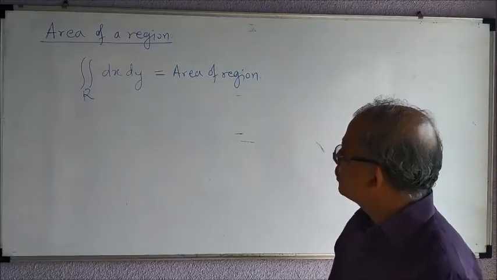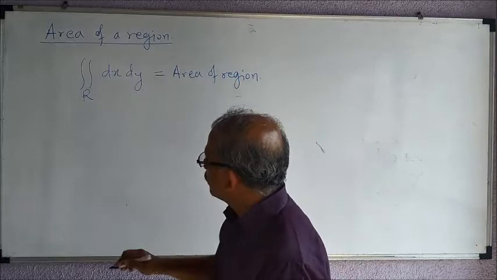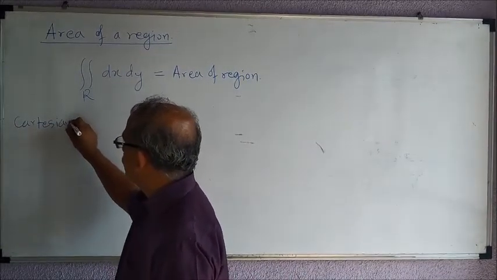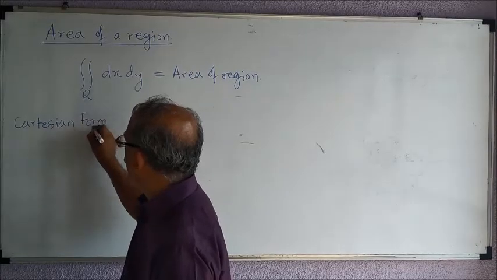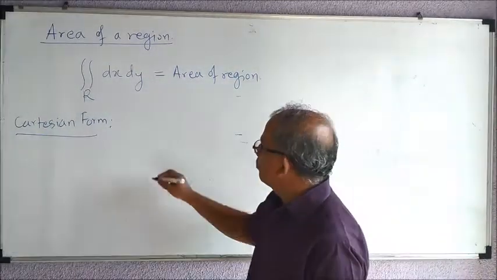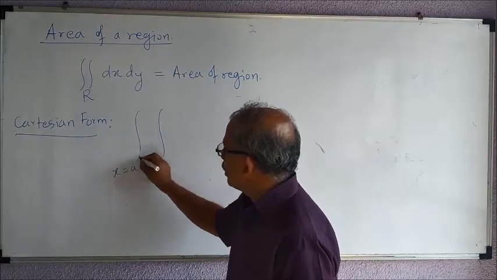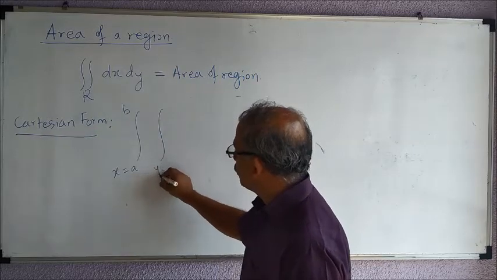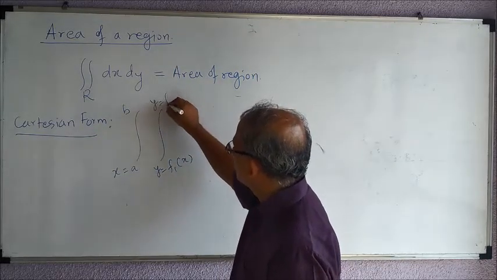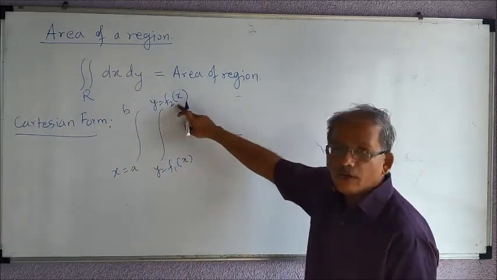Okay, so now this region, so in Cartesian form, what is our formula? When the region is represented in Cartesian form, you are going from x equal to a to b and y equal to some function of x to some function of x, so these are two curves f1(x) to f2(x).